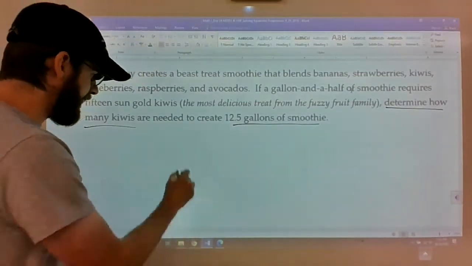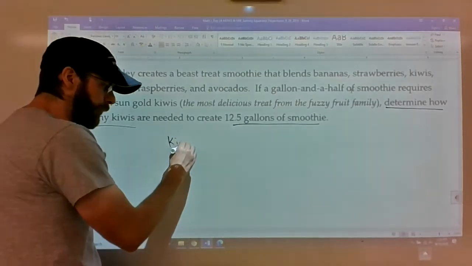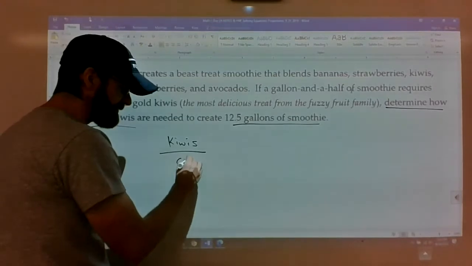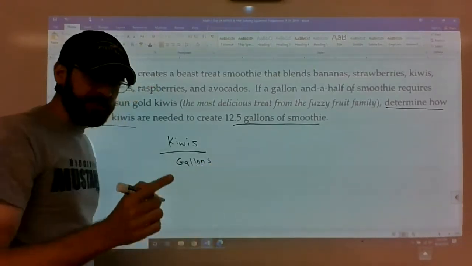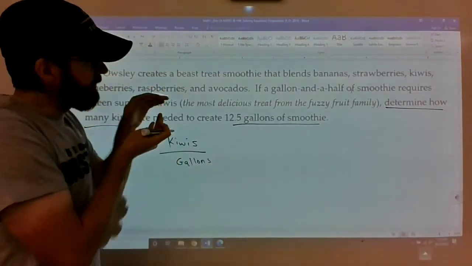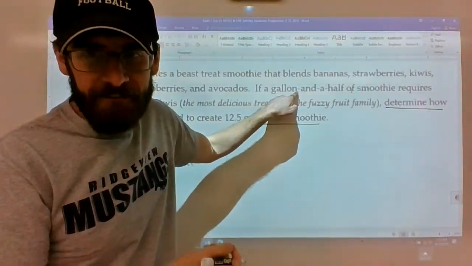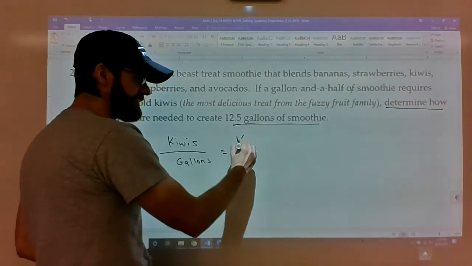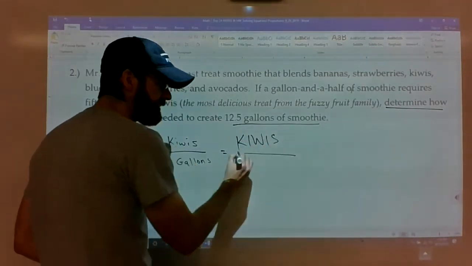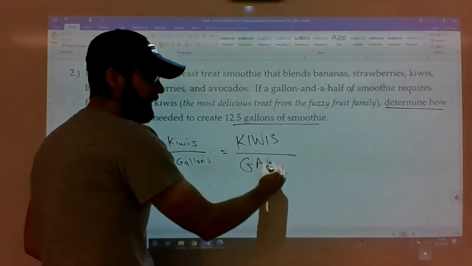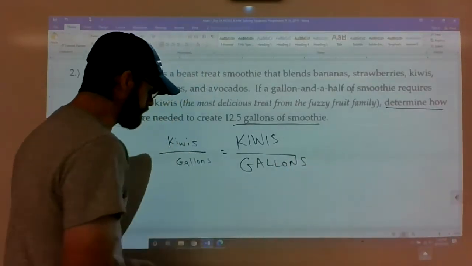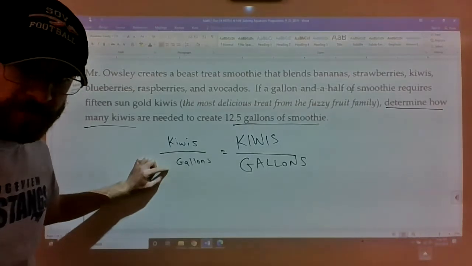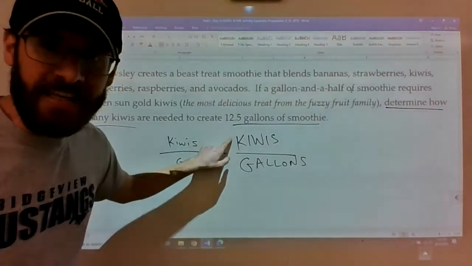I'm going to create a proportion that has kiwis over gallons on the left-hand side, and then that must equal, for the little mix, the 1.5 gallons, that's the left-hand side, and then the right-hand side is the big amount of kiwis over the big amount of smoothies. So small scale kiwi to smoothie, big scale kiwi to smoothie.